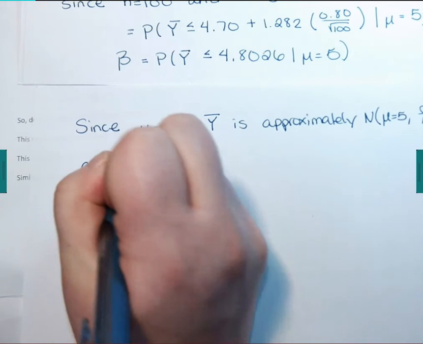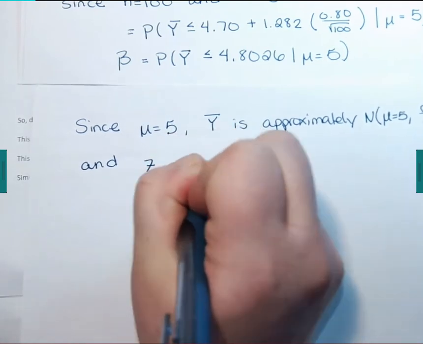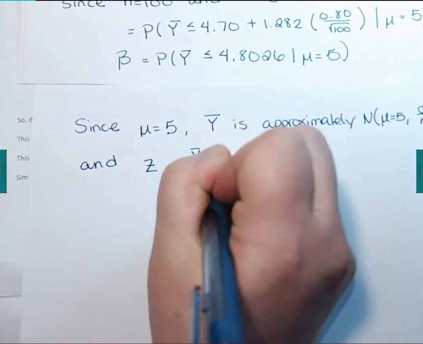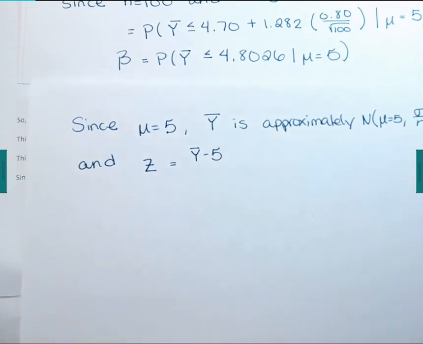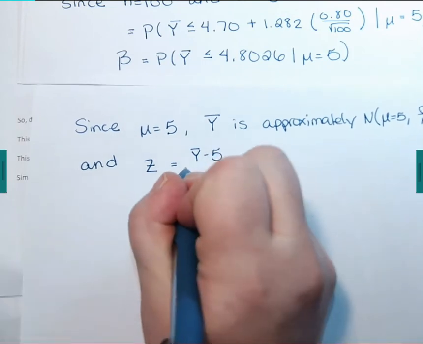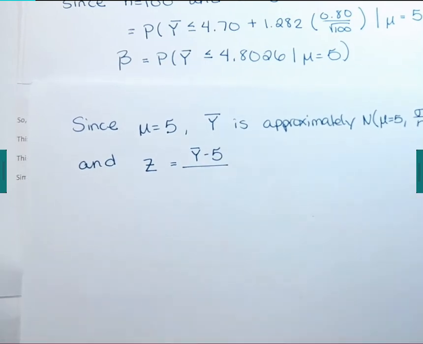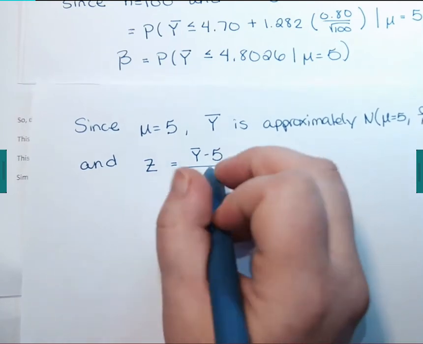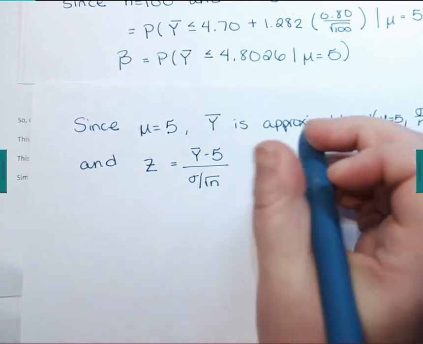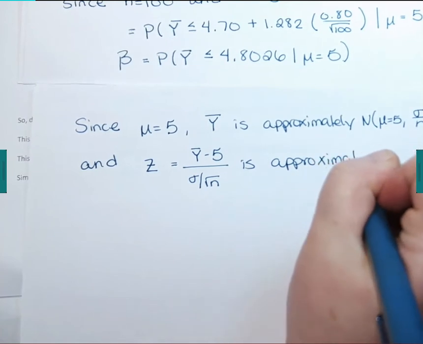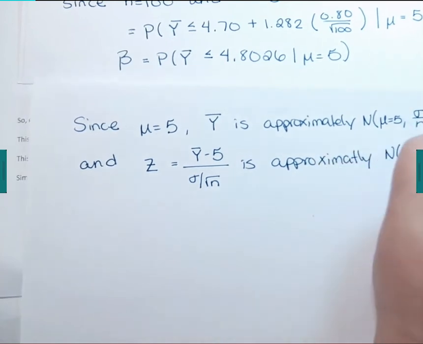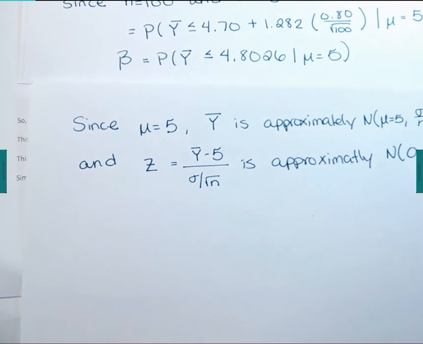And recall that we know that z, which is equal to y bar minus 5, and again, the 5 here is because we've made that assumption in our probability that mu is equal to 5. So this is different than the z we had up before, where we made the assumption under the null. So we've got y bar minus 5 divided by sigma divided by the square root of n is approximately normal 0, 1, or standard normal.